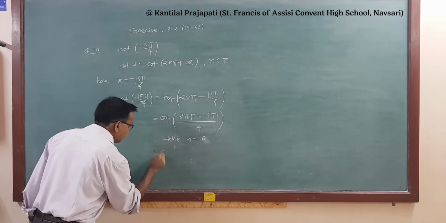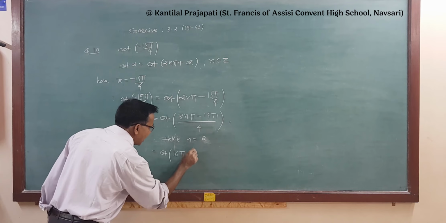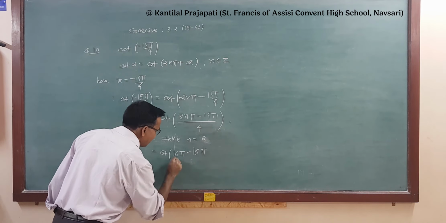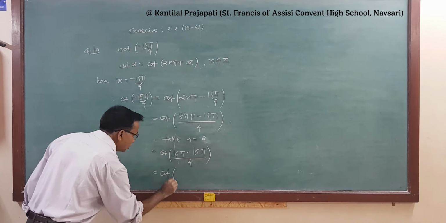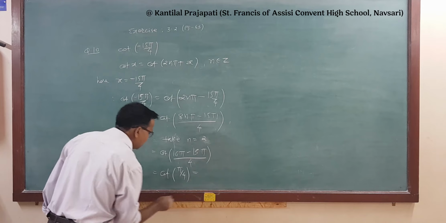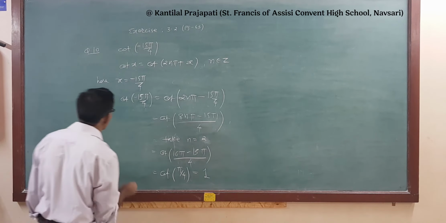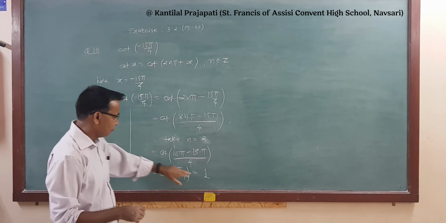And therefore you get cos of 16 pi minus 15 pi by 4, which is equal to cos pi by 4, and cos pi by 4 is 1 upon root 2. So the value of cos of minus 15 pi by 4 is 1 upon root 2.